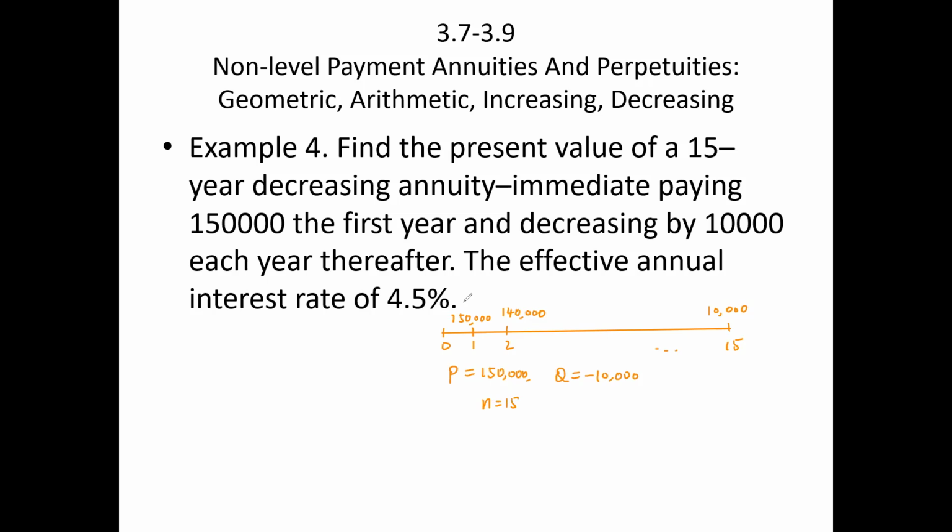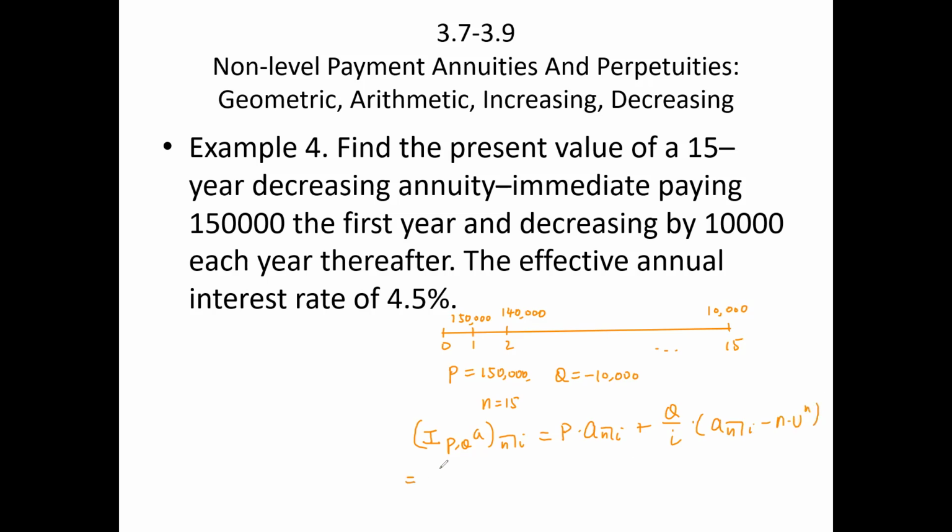So the formula for (Ia) would be P times a sub n angle i plus Q over i times (a sub n angle i minus n times v to the n).